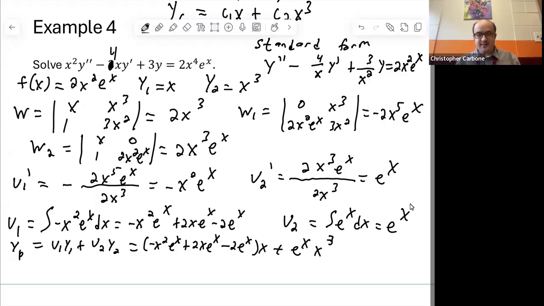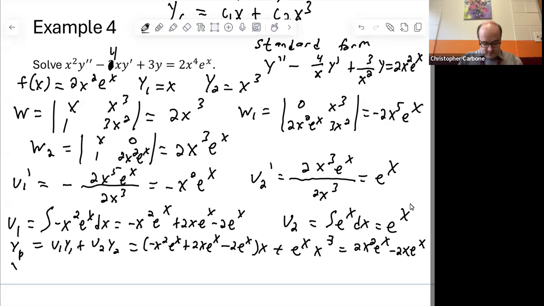So that very slightly combines to make 2x squared e to the x minus 2x e to the x based upon these functions.